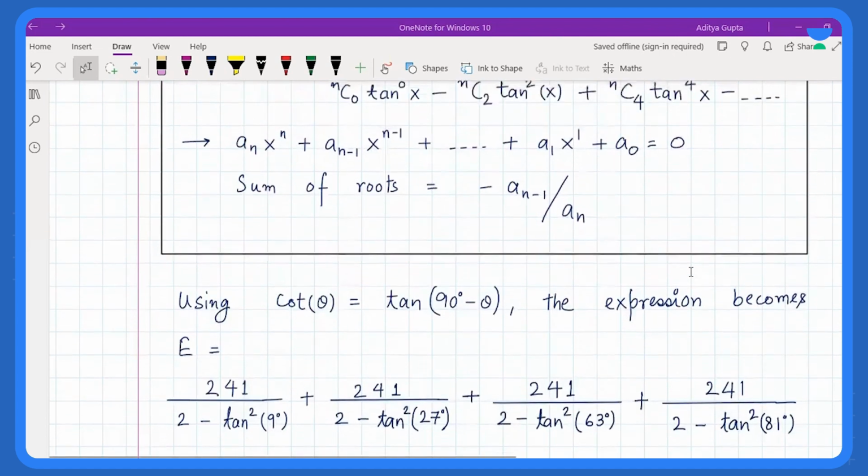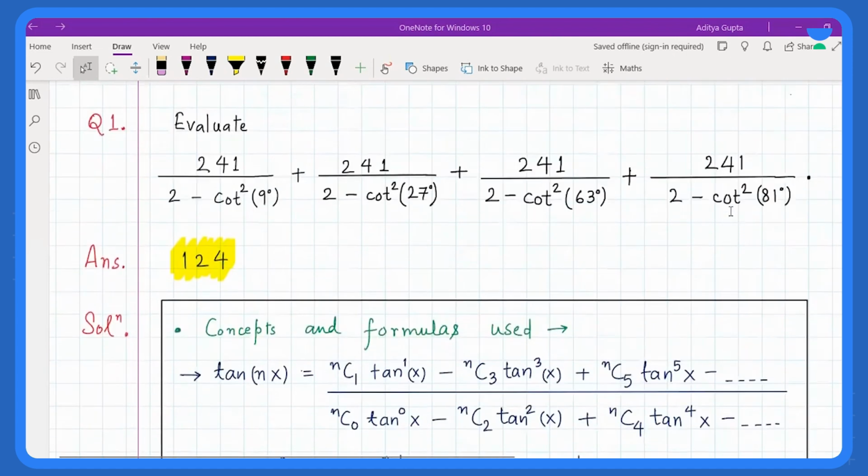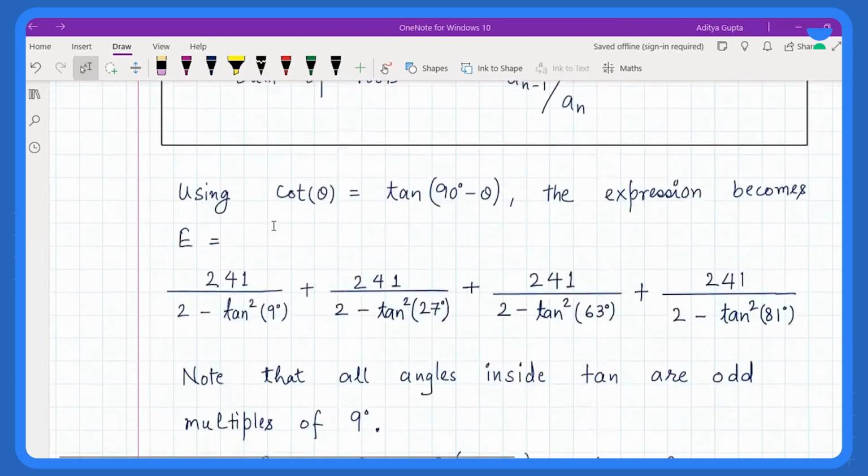Now look, the thing that we have done is cot square 81 degree I have written as tan square 9 degree. Cot square 63 degree I have written as tan square 27 degree, right? Then cot square 27 degree I have written as tan square 63 degree. And similarly cot square 9 degree, we have written as tan square 81 degree. And that's how we have formed this expression in terms of tan rather than cot.